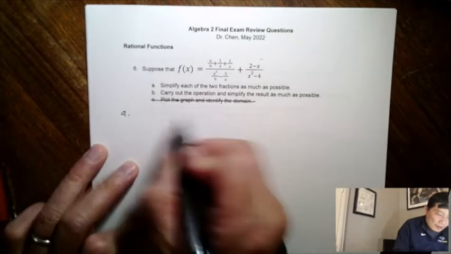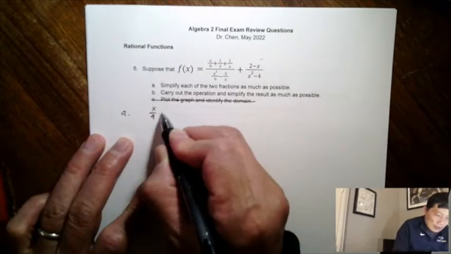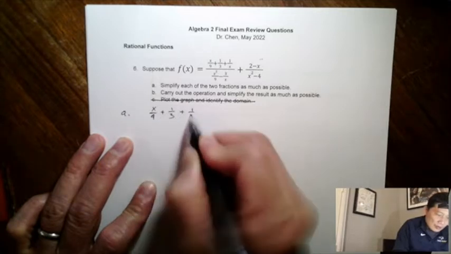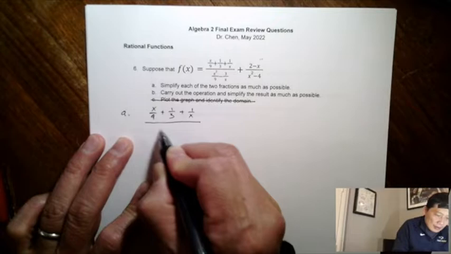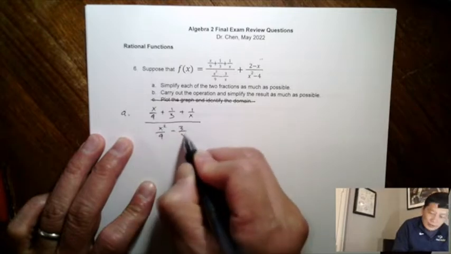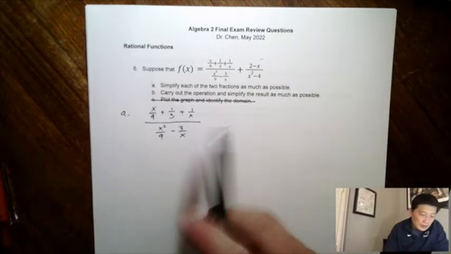Let's take the first fraction, which is x over 9 plus 1 over 3 plus 1 over x, divided by x squared over 9 minus 3 over x. And you say, well, how in the world do I simplify this one?